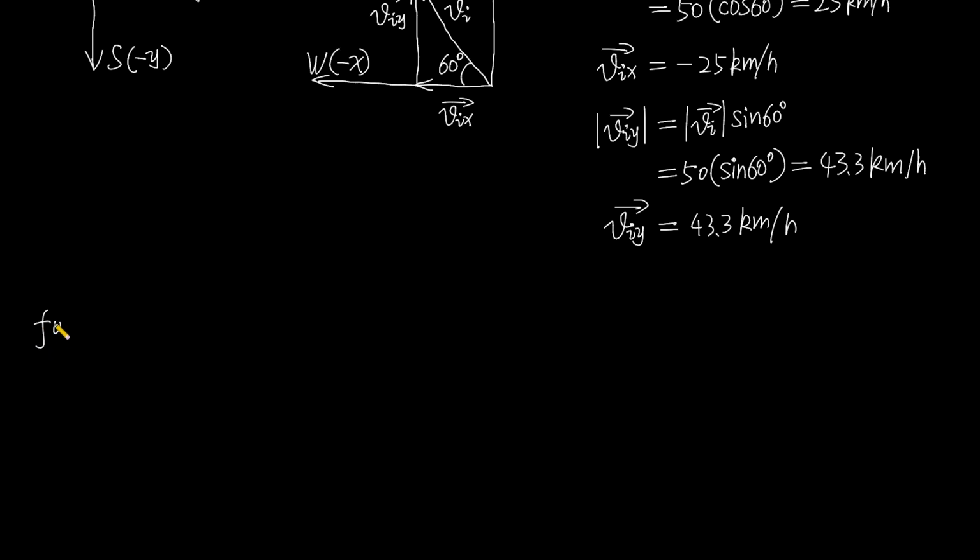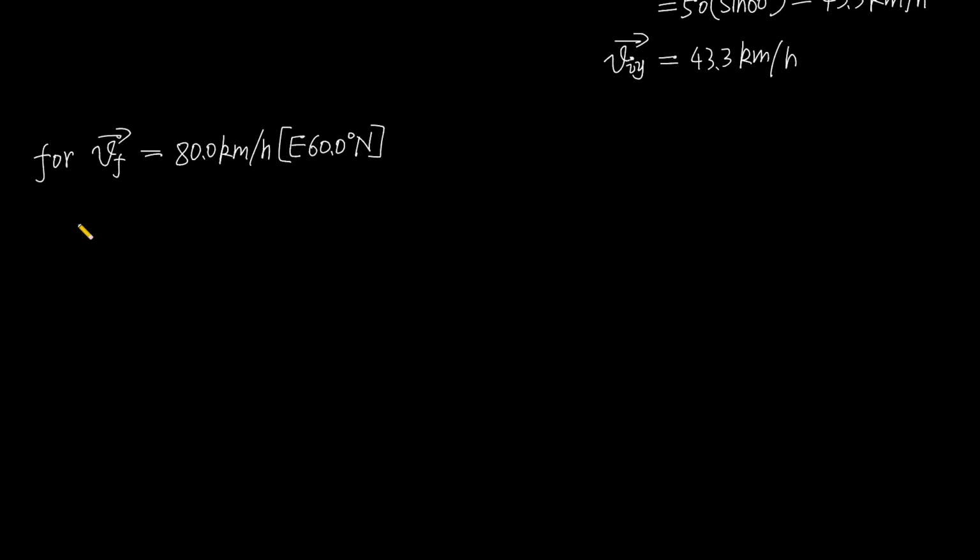Now for the final velocity, it is 80 kilometers per hour. The direction is east 60 degrees toward north. I draw the graph. This direction is east, also positive x direction. This direction is north, also positive y direction.